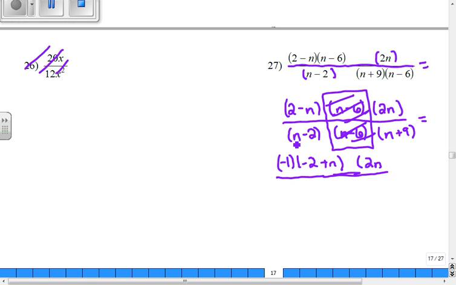I know that order doesn't matter with addition. Well, I can write this as n plus negative 2. So I'm going to make this a negative 2 plus n. I have a positive n and a negative 2. And that's what matters. I've got a negative 2 and a positive n. And then I also have this n plus 9.